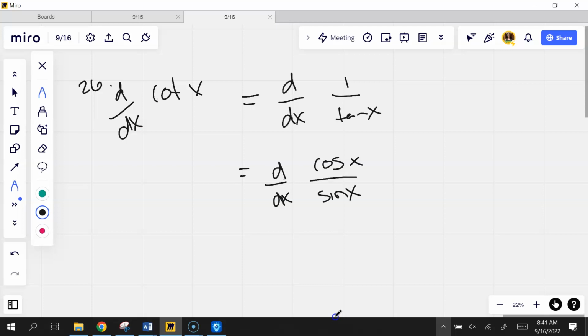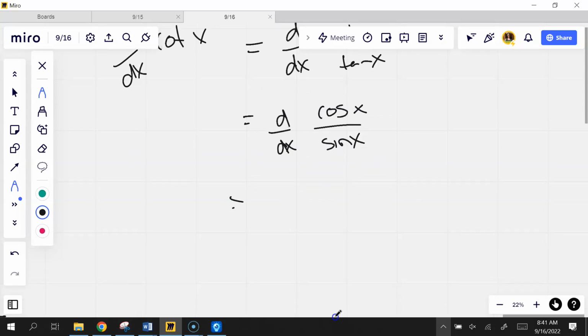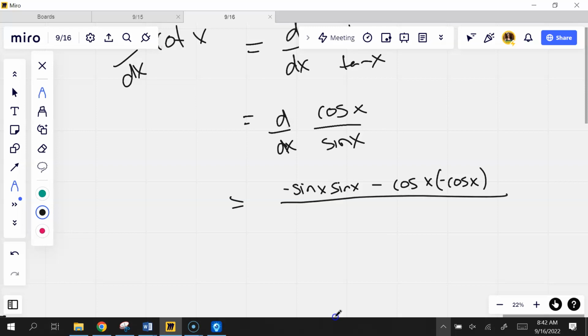I feel like we just did this one, didn't we? I guess not. All right, so I'm going to do the derivative of the top times the bottom minus the top times the derivative of the bottom, over the bottom squared, sine squared x.